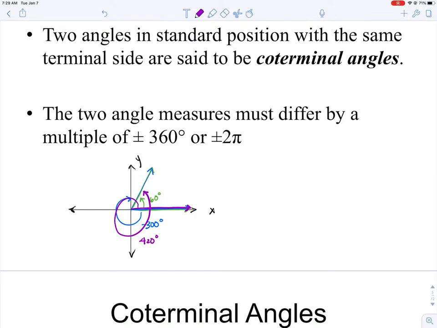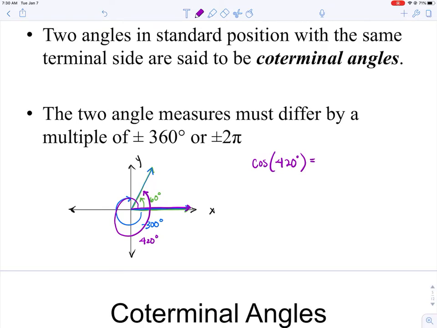So the way that this is useful to us is, say that we wanted to determine what the cosine of 420 degrees is. Well, 420 degrees isn't an angle that's on the unit circle. However, 60 degrees is an angle that's on the unit circle.